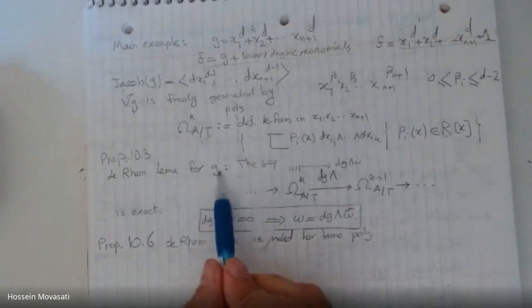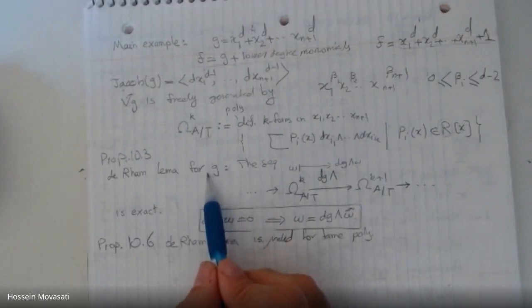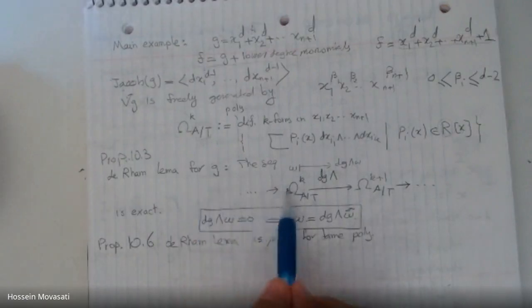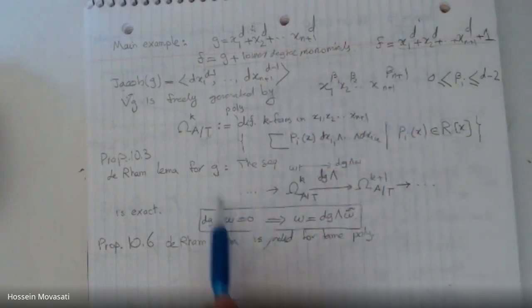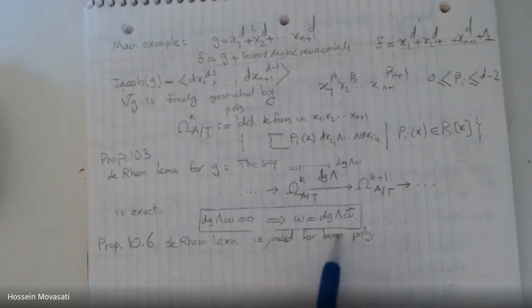The point is that G is here a homogeneous polynomial. But if we perturb it with lower order monomials, and then we have the notion of this tame polynomial, then still if df wedge omega equals 0, then omega must be df wedge something.